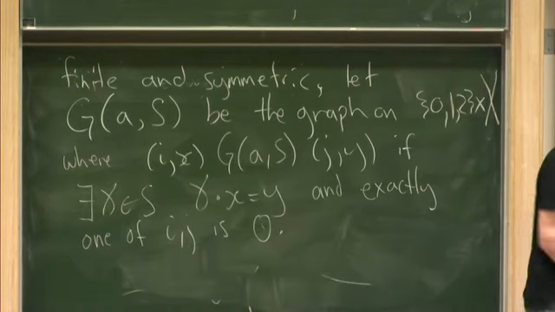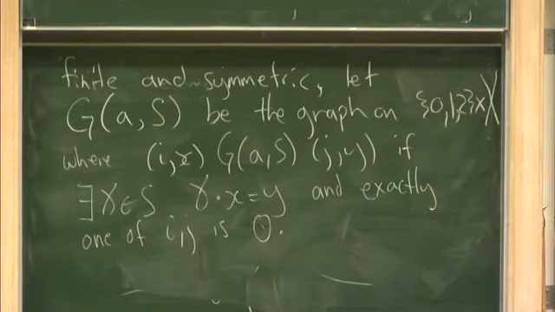So the picture is I take this space on which my group is acting and I make 3 copies of it, essentially corresponding to the original space and then the 2 copies that I want to create by this paradoxical decomposition. So I have 0 cross x, and then I have 1 cross x and 2 cross x.